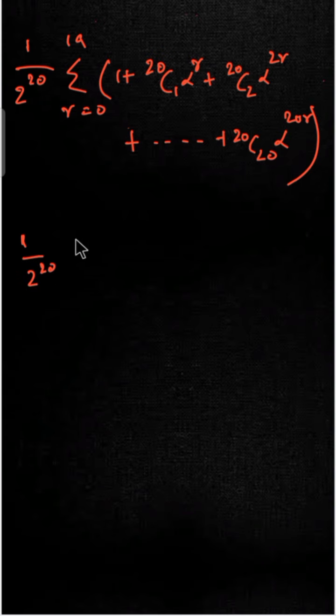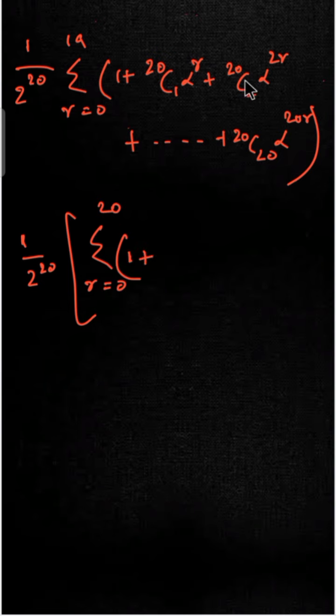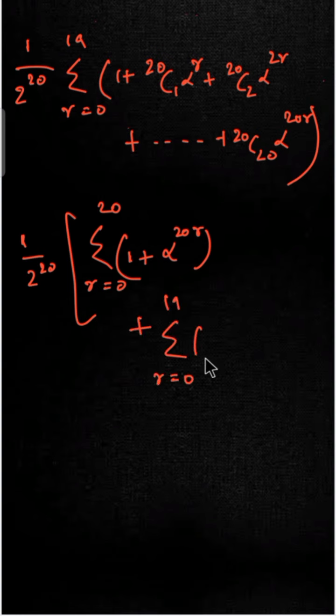Now I'll write two terms here. 1 by 2 power 20 whole bracket, sigma r equal to 0 to 20. This one and 20c20, which is again 1, I'll write here as 20c20 alpha power 20r as one bracket, and sigma r equal to 0 to 19 of 20c1 alpha power r, which means the remaining terms starting from here and ending here, all these terms I'll write in this bracket.